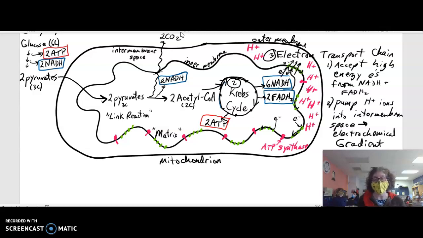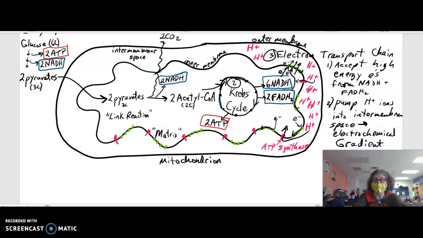ATP synthase enzymes. And guess what they do? They synthesize ATP. So they're really well named, okay? And the really cool thing about them is that, remember, hydrogen's collecting over here. It doesn't like that. It wants to get back in. It wants to flow back down its gradient. And the only way back into the matrix is through the ATP synthases. That's the only way that the hydrogen ions can get back in.